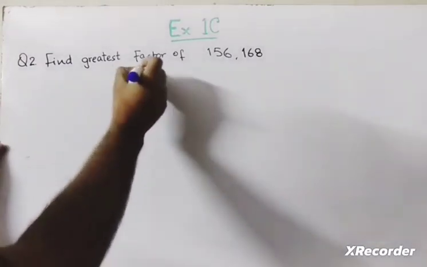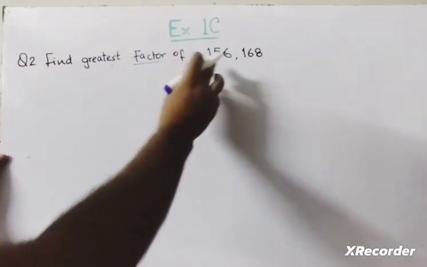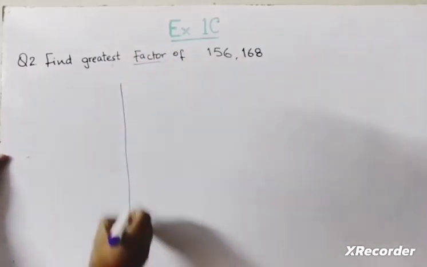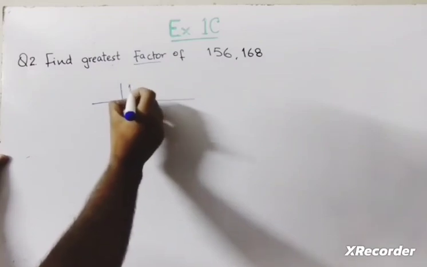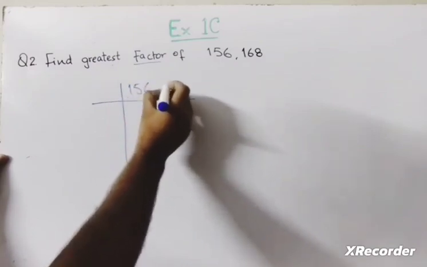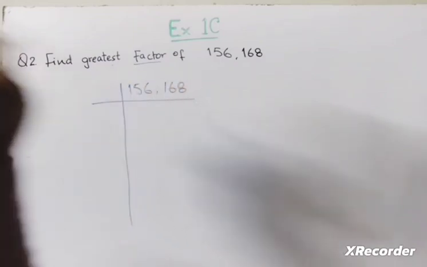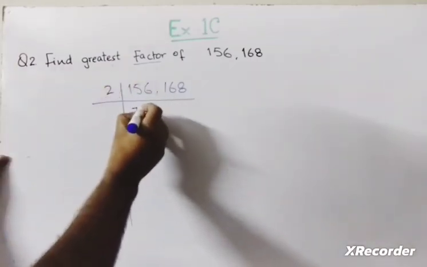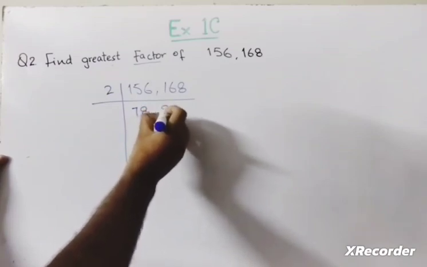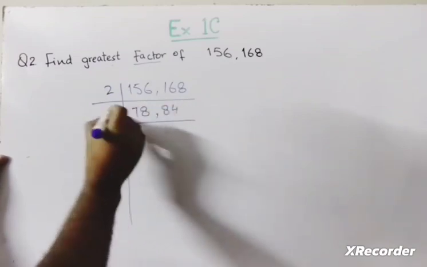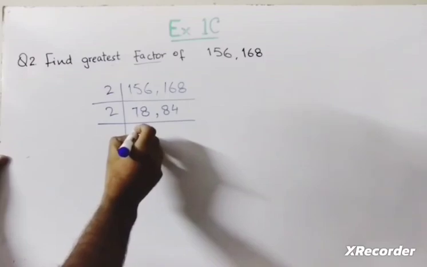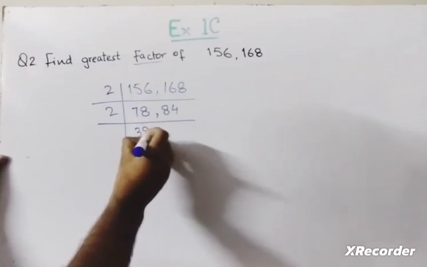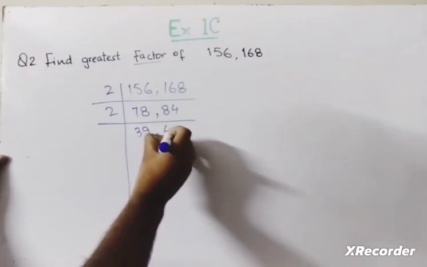Coming to question number 2, find the greatest common factor of 156 and 168. In the question we have to find the factor, it means we have to find the HCF of these two numbers. As we have learned to find the HCF, we can try it on our own. 156, 168. Since both are even numbers, they can be divided by 2. 78 and 84. Again with 2, 39, 42.